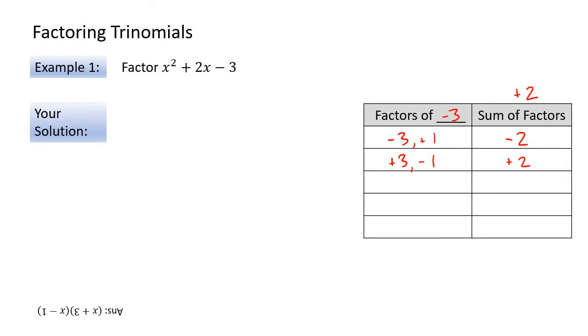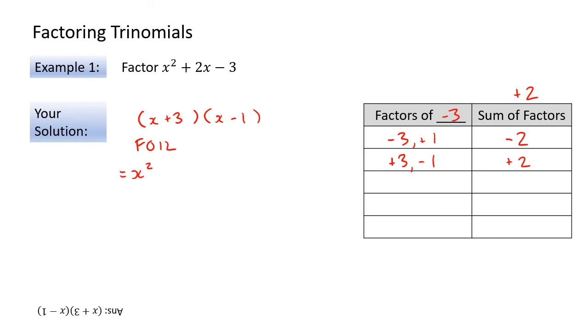Okay. So knowing those are the 2 factors, remember, we have our 2 sets of brackets with an x term, and we simply write in those factors in order to factor it. So this becomes x plus 3 and x minus 1. And if you want to check whether this is right, again, you can use FOIL. So our first terms, x times x, gives us x squared.